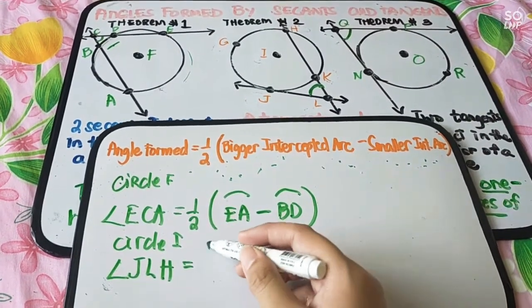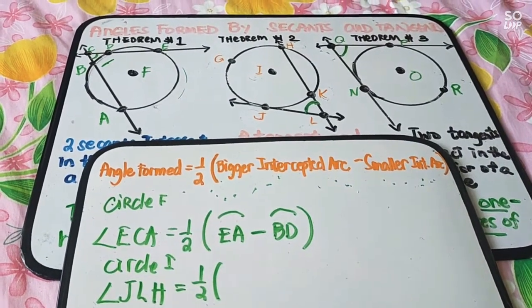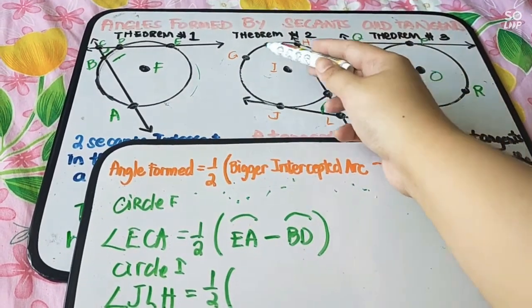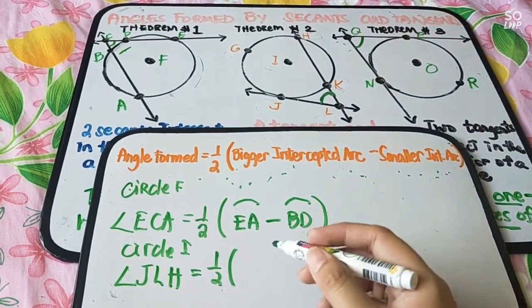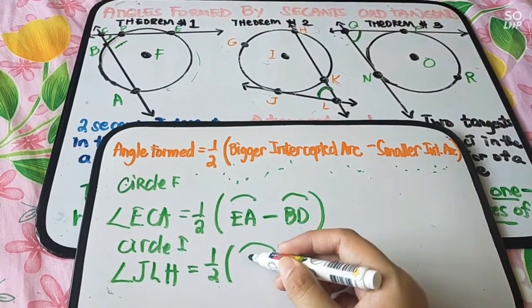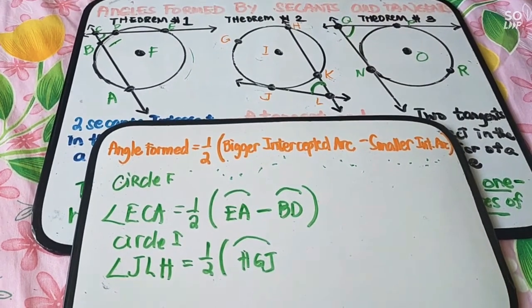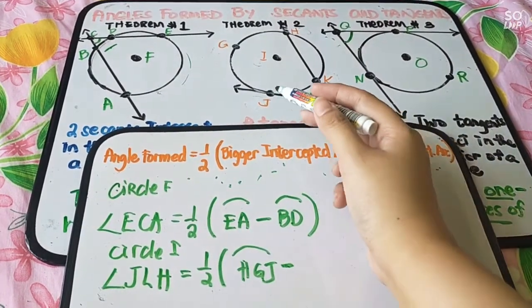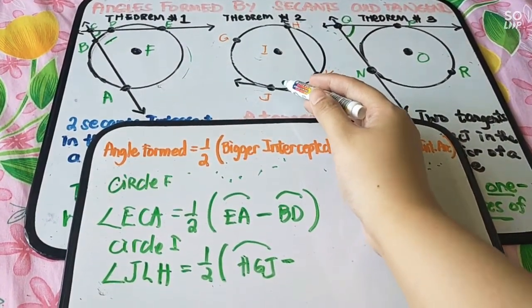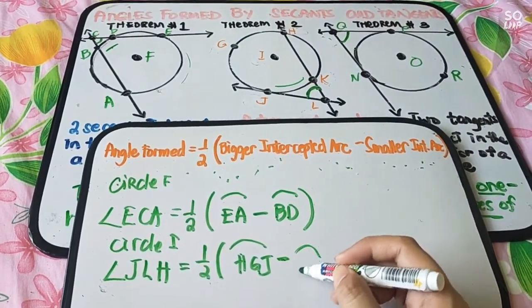So, we have 1/2 of, what's the bigger intercepted arc here? We have HGJ. Why are there three letters? Because you can get a major arc there. We have arc HGJ. That is the bigger intercepted arc minus the smaller intercepted arc. This is the smaller intercepted arc, from here to here. So, we have arc JK.